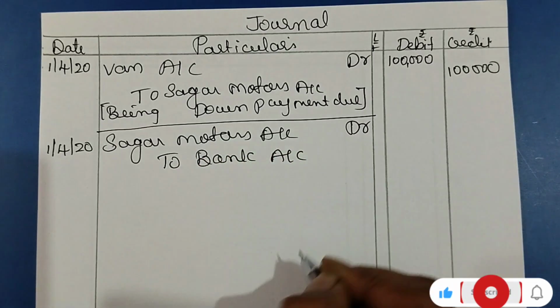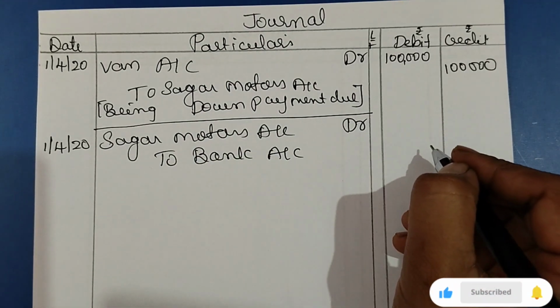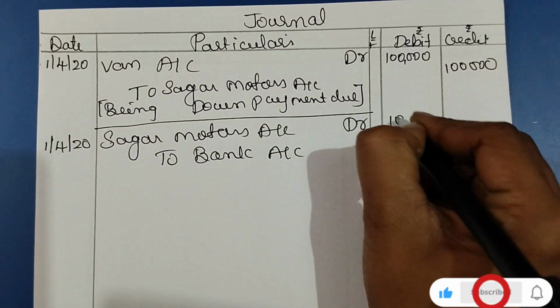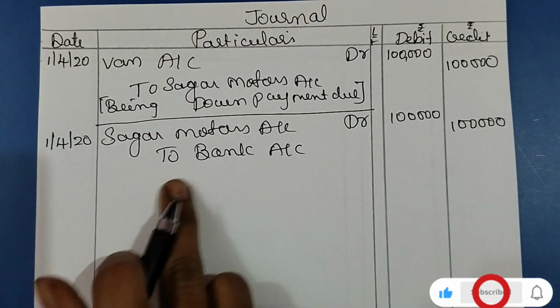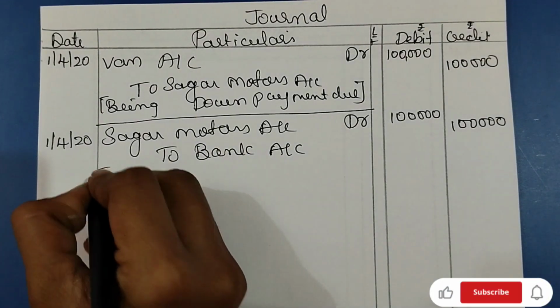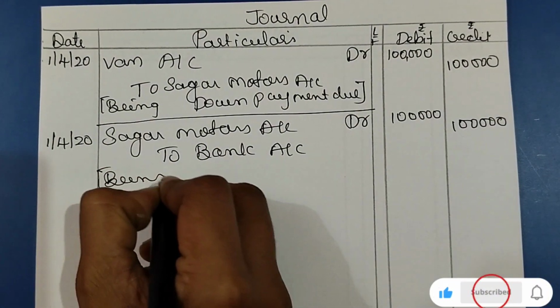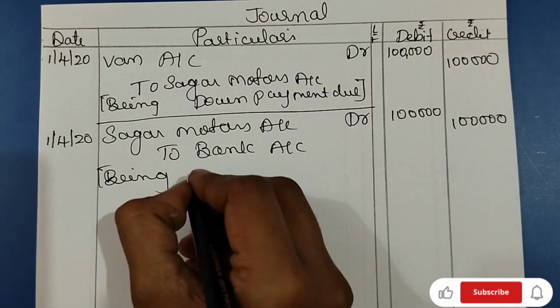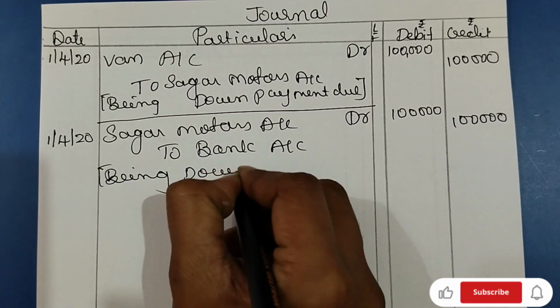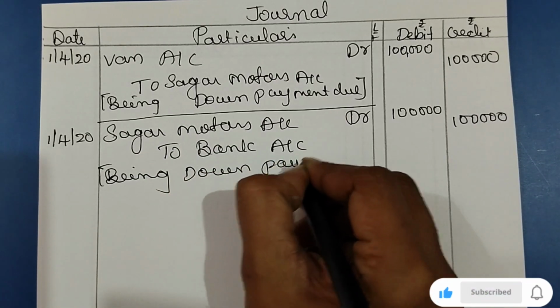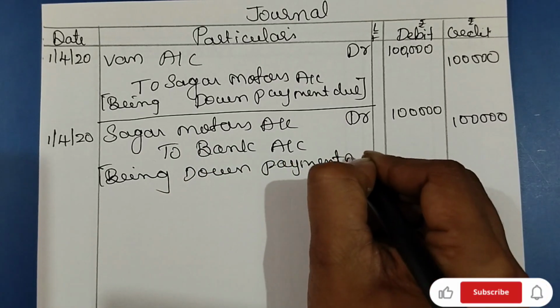To bank account 1 lakh. Credit what goes out. Being down payment made.